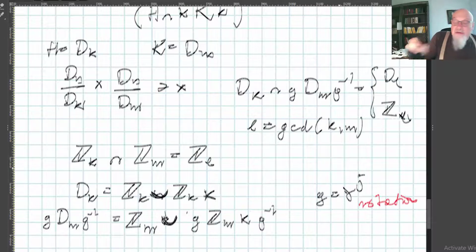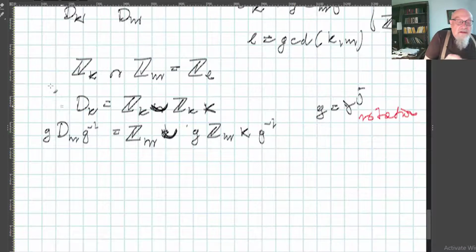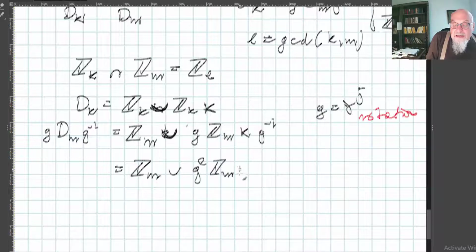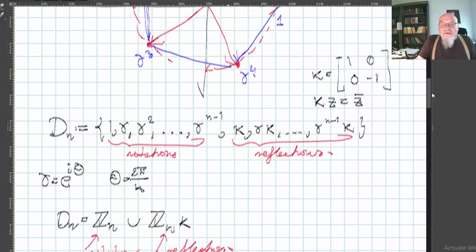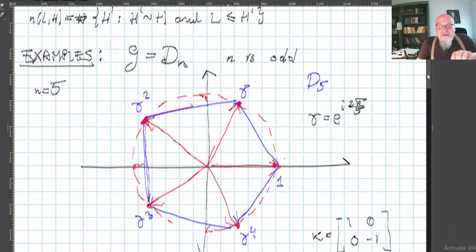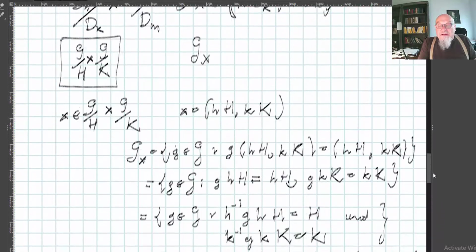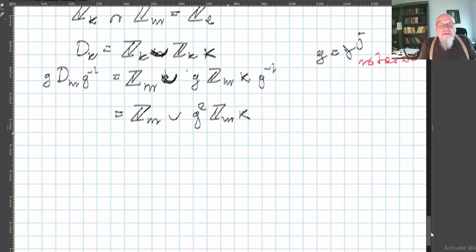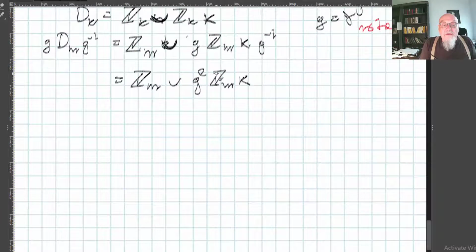And in such a case, we are getting here that this particular will be equal g squared ZM kappa, and clearly if you rotate ZM, the locations of the roots, here you are getting empty intersection with ZN. So that will be definitely what I said.